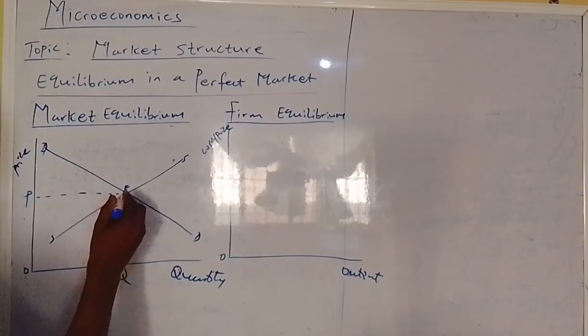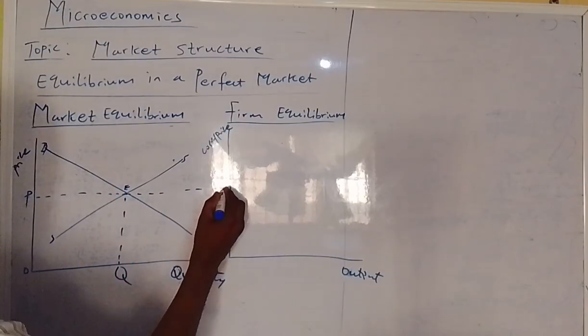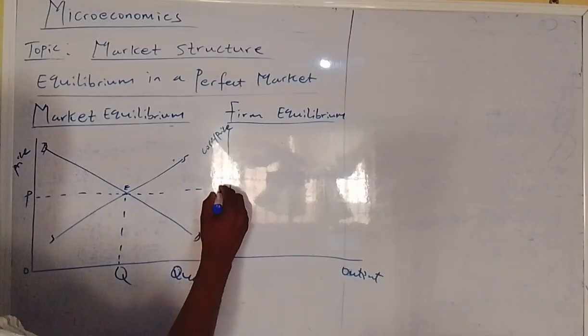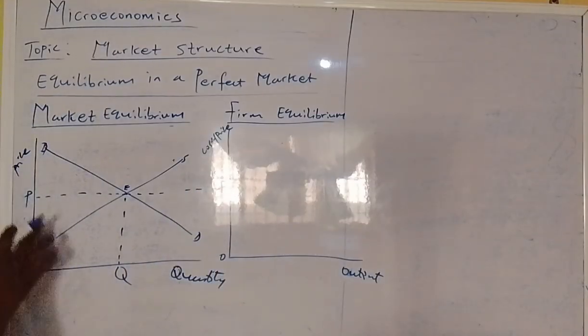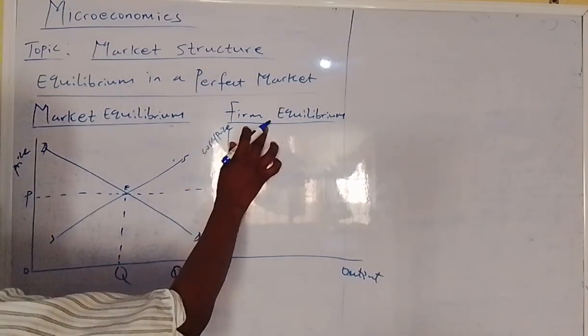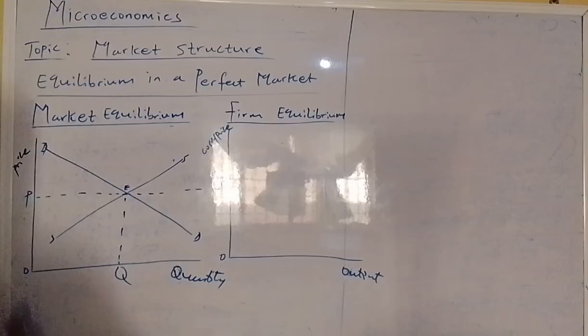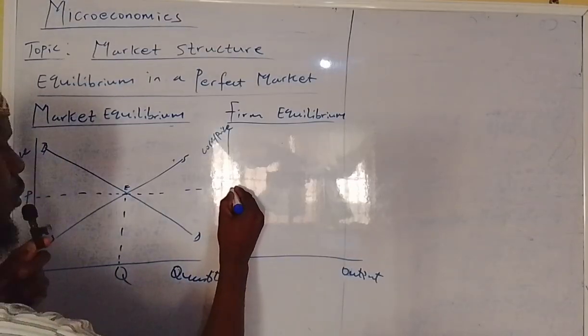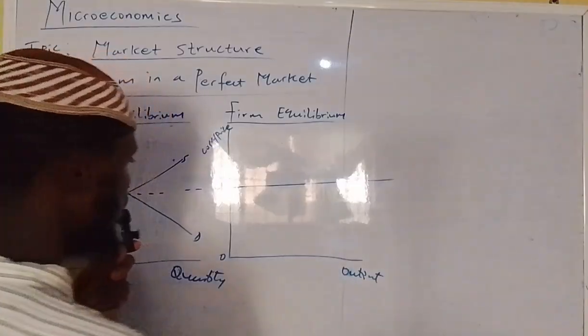In other words, I can trace this price to this diagram here. This is the market price P, equivalent to this. So if the firm here cannot influence the market price, it means that its demand curve is going to be horizontal like this.